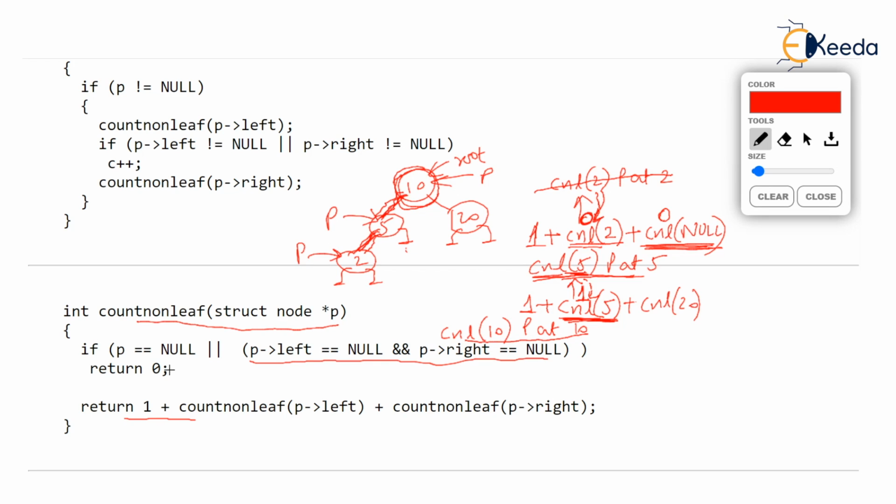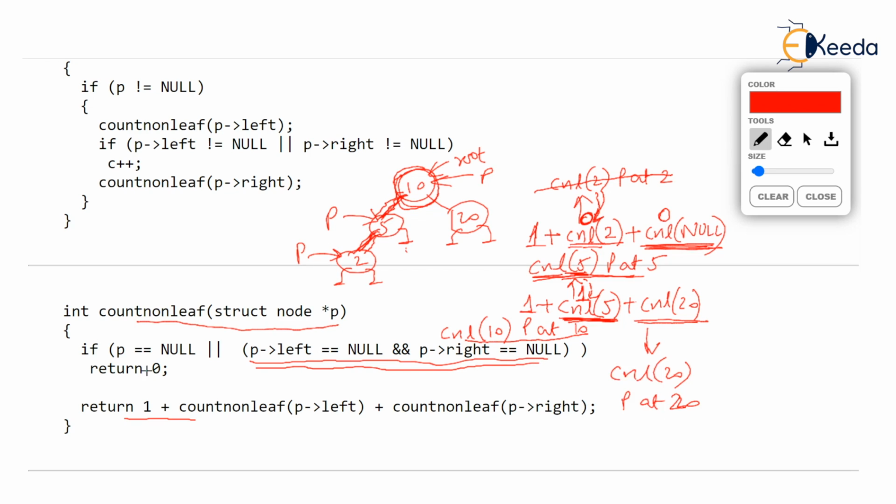And now count non-leaf 20 runs. So what will happen when count non-leaf 20 runs? P is at 20. And observe, as soon as this function starts with P at 20, we will notice that this condition is again true for 20. It is a leaf. 20 is a leaf. So we are not interested. We will return 0 straight away, isn't it?